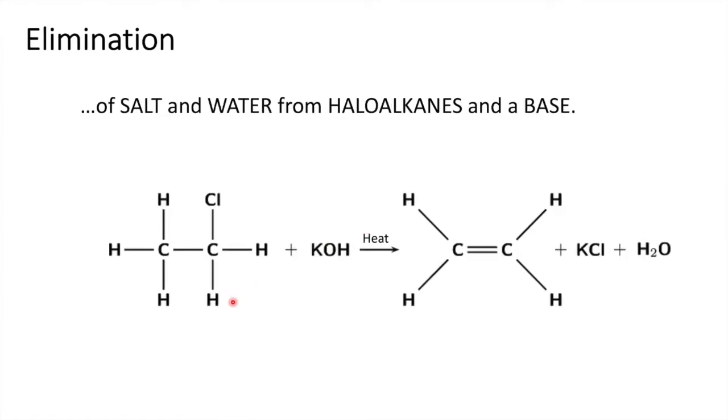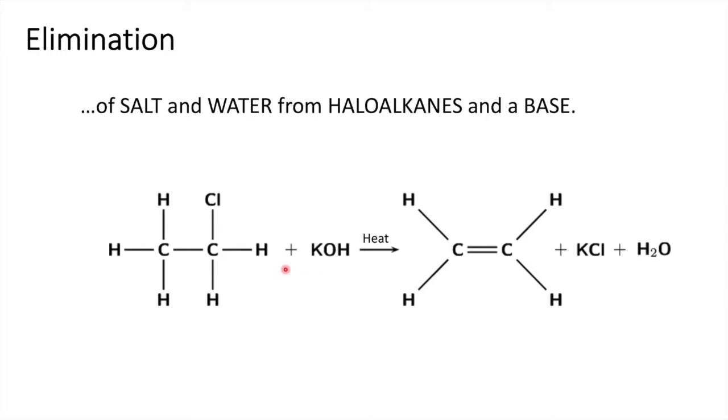The other example of an elimination reaction, and there are several different ones, but this is another easy example, is elimination of a salt and water from a haloalkane and a base. So let me walk you through this. First of all, this is the haloalkane because chlorine is the halogen here. This is a base. The base could be NaOH or KOH, whatever it is.